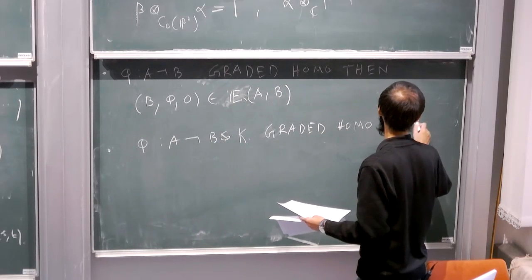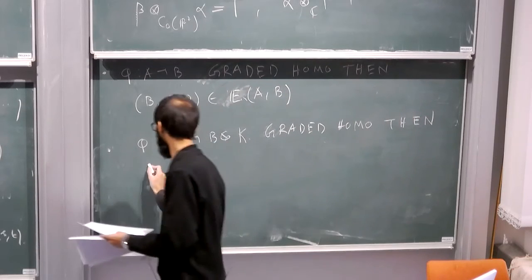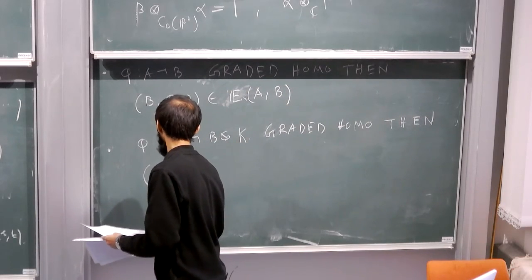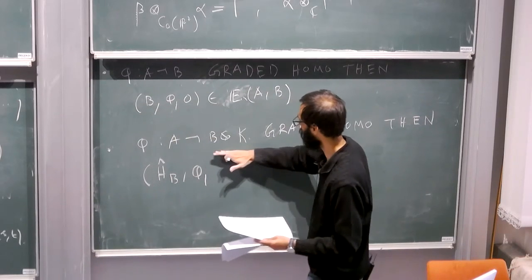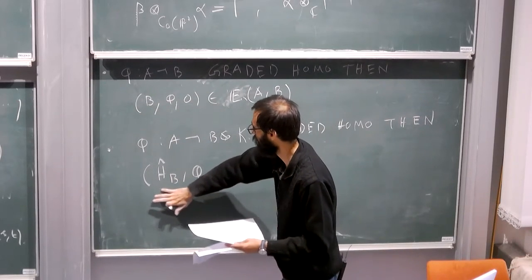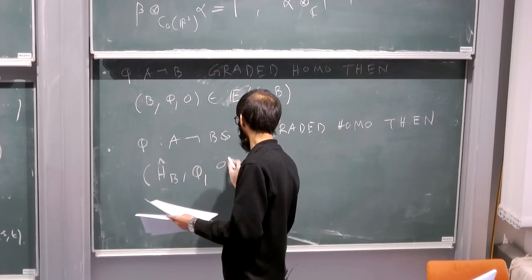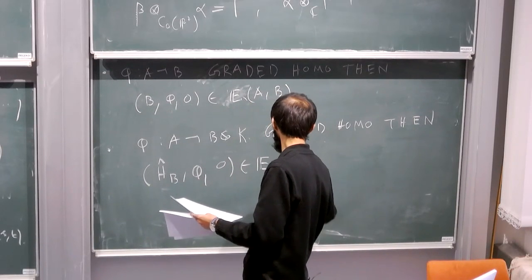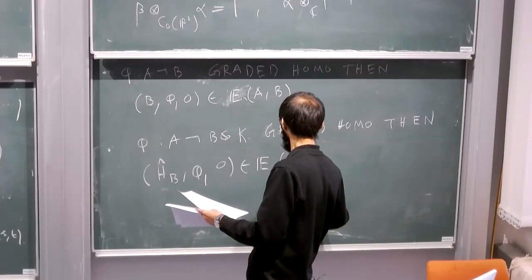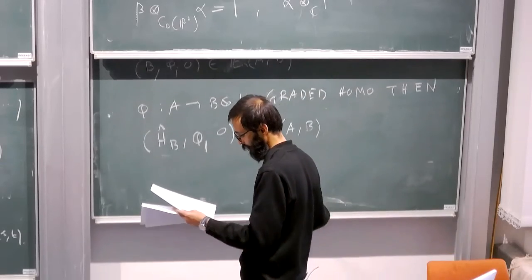Then again, it will take H_B, phi. Recall that B tensor K is the compact of this fellow, and 0, you get now.